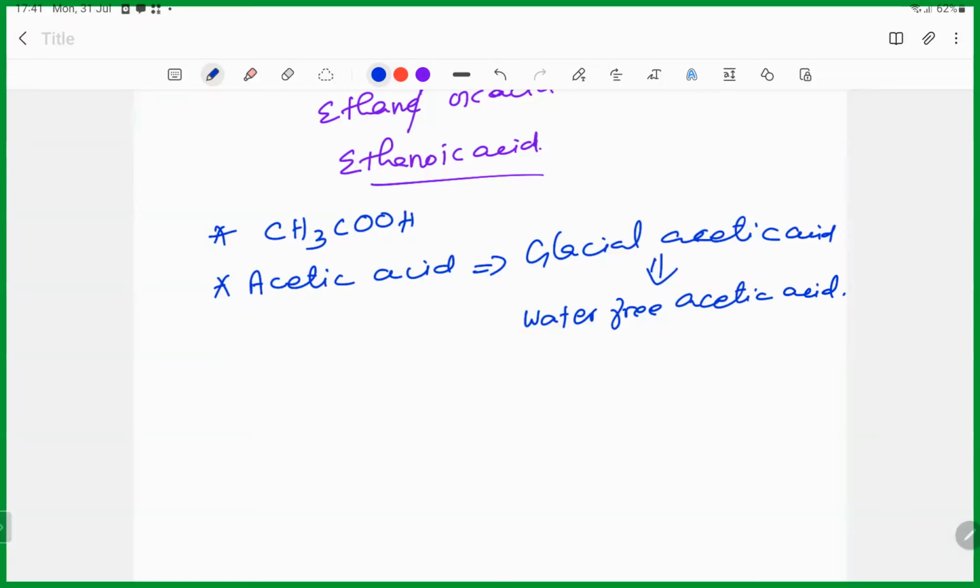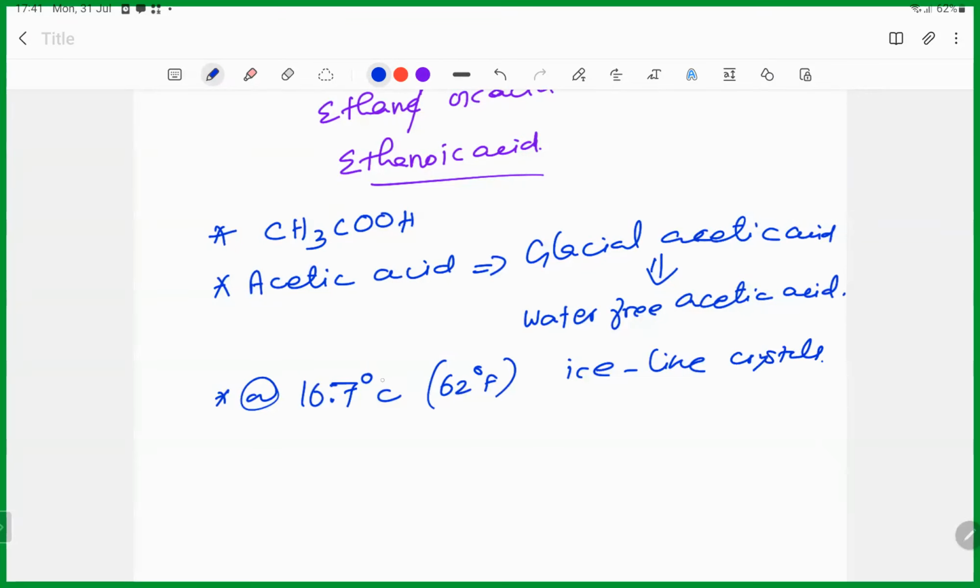When you freeze below 16.7 degrees centigrade, or about 62 degrees Fahrenheit, it has an ice-like structure, ice-like crystals. That's why we call it glacial acetic acid.